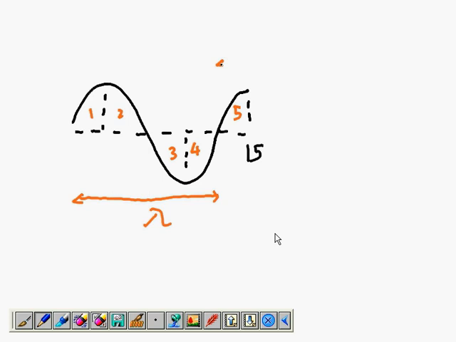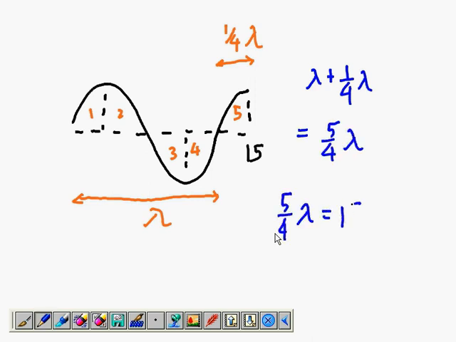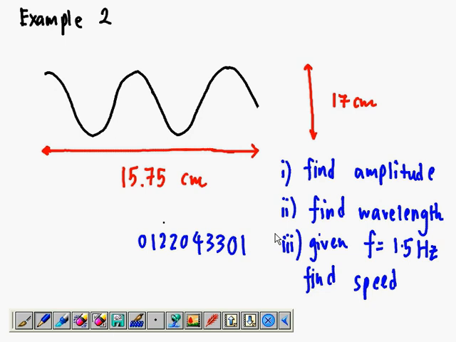So this one represents lambda, and the other one represents 1/4 lambda. So if you add up all together, you get 15. That's how you get 5/4 lambda equals 15 meter or cm. So lambda is found out to be 12 cm or meter. Okay, that's my number. Now we can try this example 2.